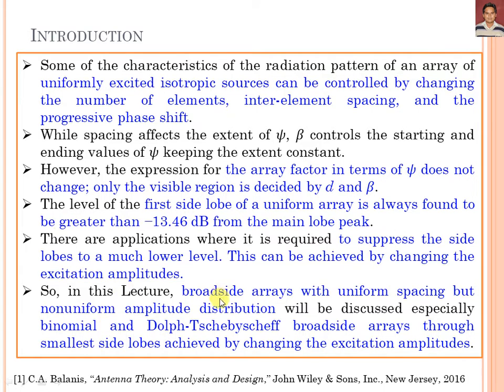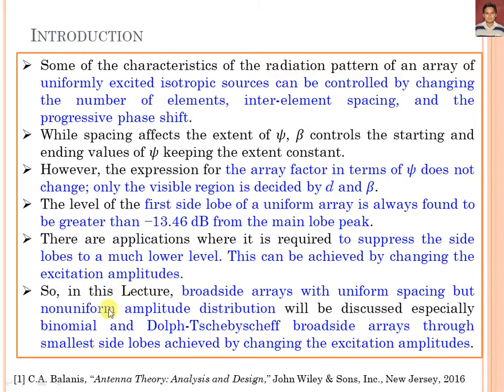In this lecture, we consider a broadside array with uniform spacing, that is beta equal to 0 and theta equal to 90 degrees, for analysis of non-uniform linear arrays with uniform spacing d but non-uniform amplitude distribution. The excitation coefficients will be discussed, especially for binomial and Dolph-Chebyshev broadside arrays, through which the smallest side lobe level is achieved by changing the excitation coefficient or excitation amplitude.